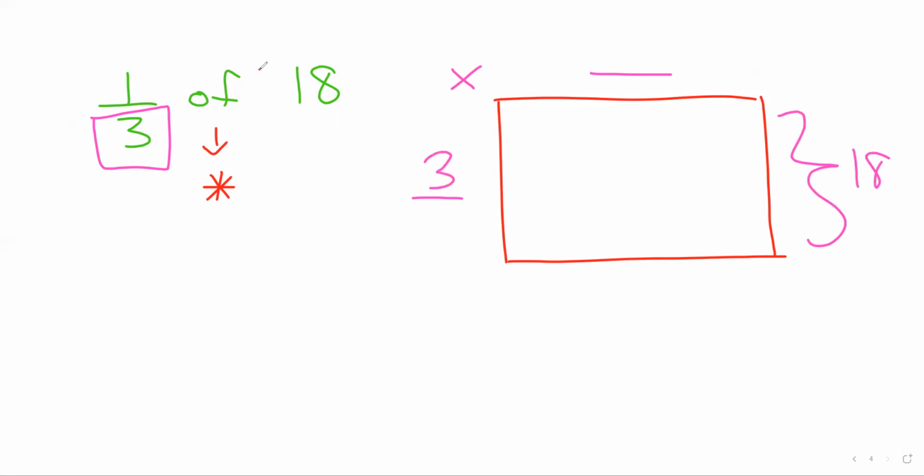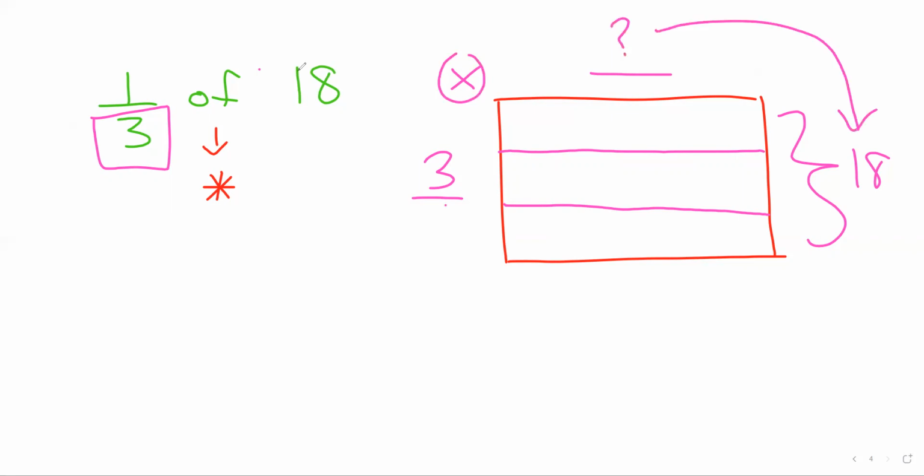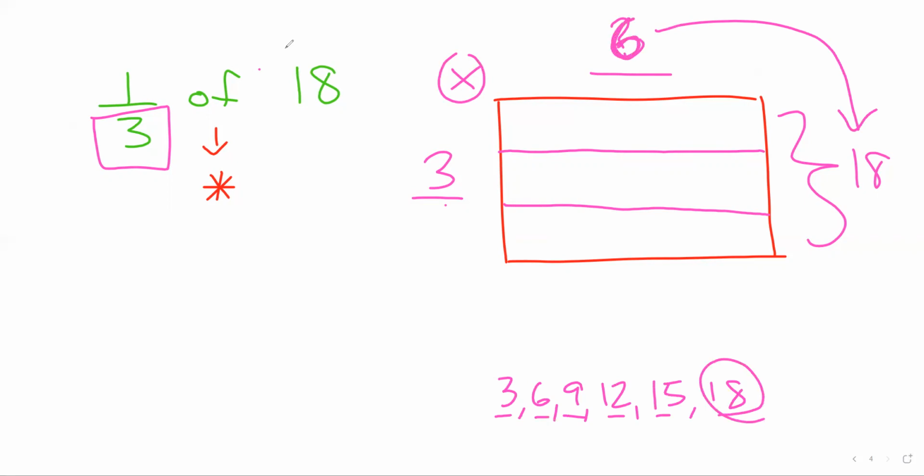So again, I can have 3 rows. And I can think, okay, 3 times what equals 18? Well, let's see here. 3, 6, 9, 12, 15, 18. So 1, 2, 3, 4, 5, 6. Which means now I'm going to cut my rows into 6 pieces. 1, 2, 3, 4, 5, 6.